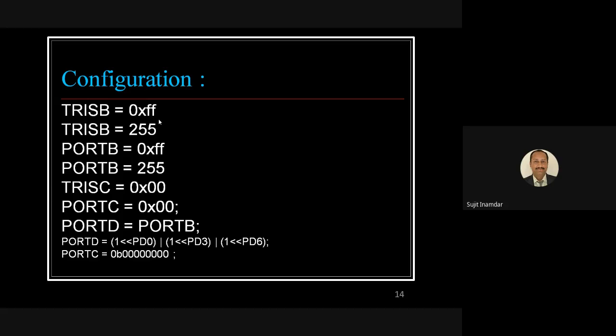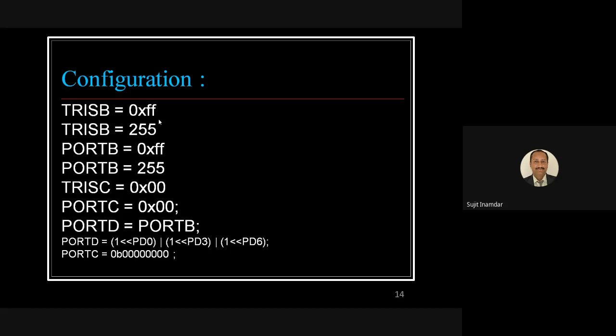So let us see the first TRISB, म्हणजे B ची डायरेक्शन ठरवायची आहे, इनपुट की आउटपुट. आता इज इक्वल टू काय केलेलं आहे, 0xFF, म्हणजे 0x हे कशाचं निदर्शक आहे, तर इट इज अ हेक्साडेसिमल व्हॅल्यू, दॅट इज इट इंडिकेट्स.